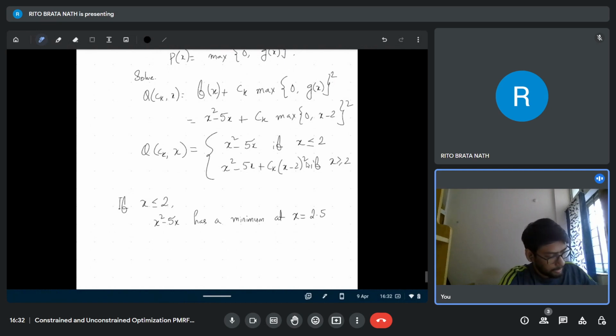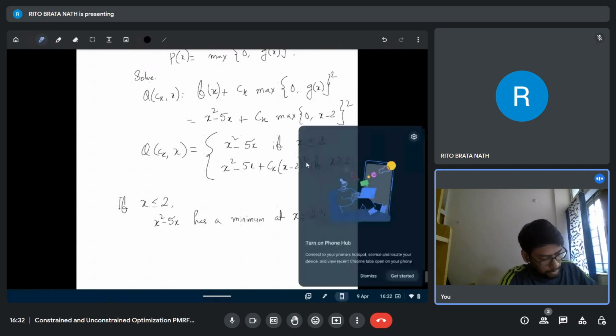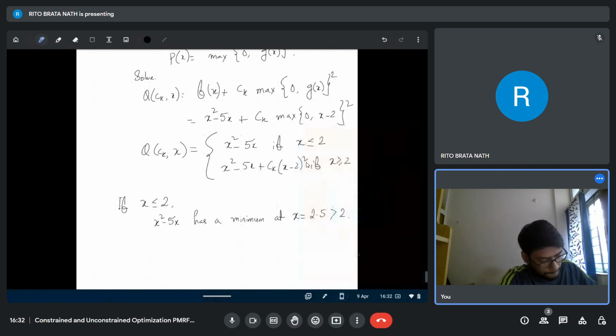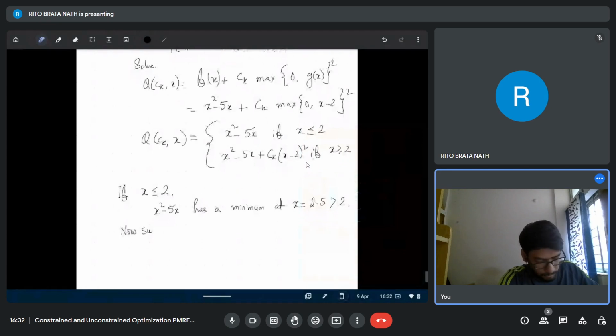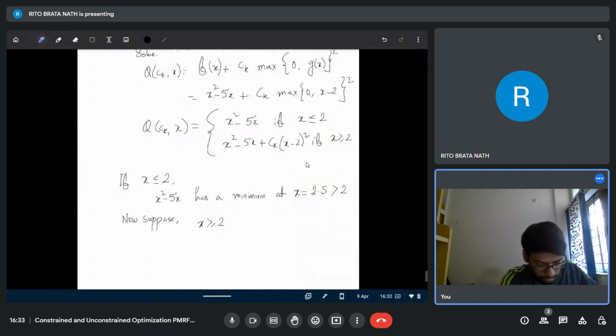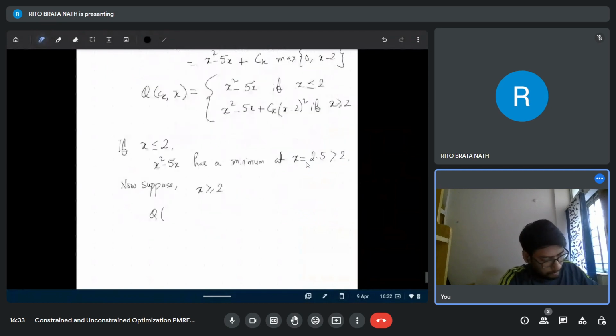But that is greater than 2. So now suppose x is greater than or equal to 2, then what you have is x squared minus 5x plus c_k (x minus 2) whole square.